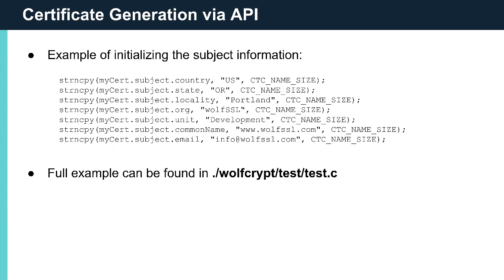This is an example of how you would initialize the subject information in the CertName structure. So setting the country, state, locality, organization, unit, common name, and email. If you want a full example of this, we do have one in our wolfcrypt test.c. We also have one in our wolfssl-examples repository. That's just a smaller certificate generation example.